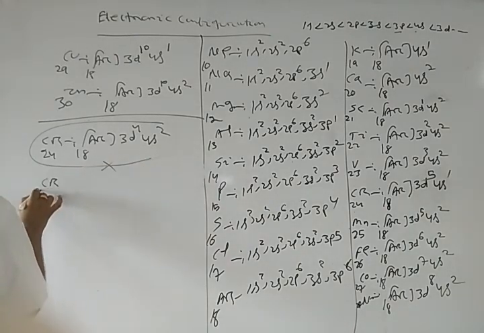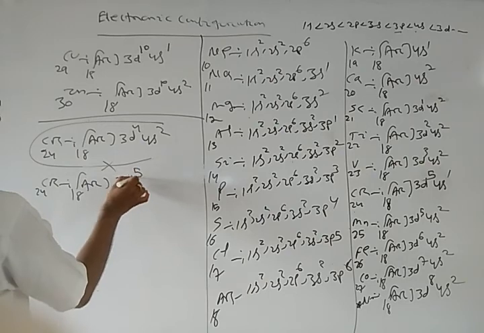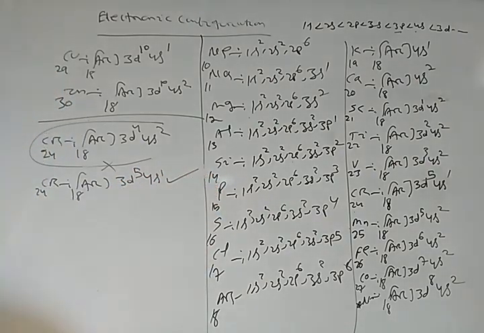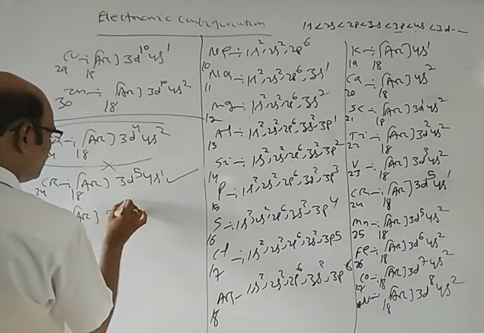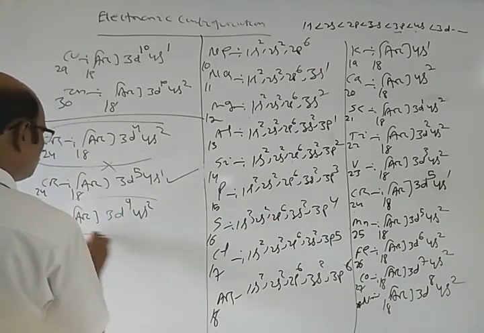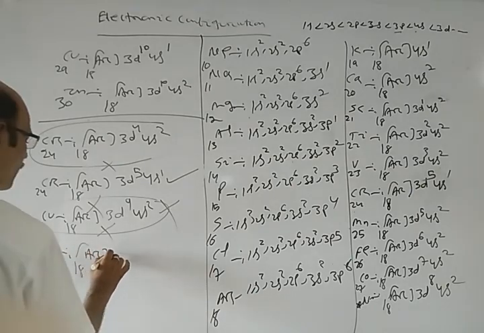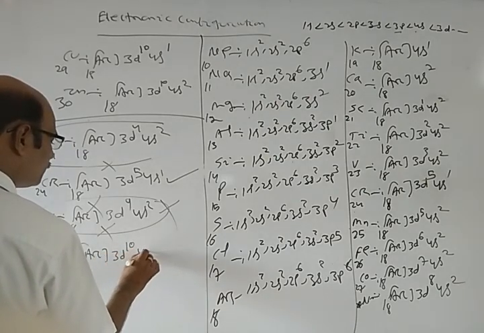Chromium 24 becomes argon 18, 3d5, 4s1. This is correct. Similarly copper 29: argon 18, 3d9, 4s2 is the wrong one. Copper becomes argon 18, 3d10, 4s1.